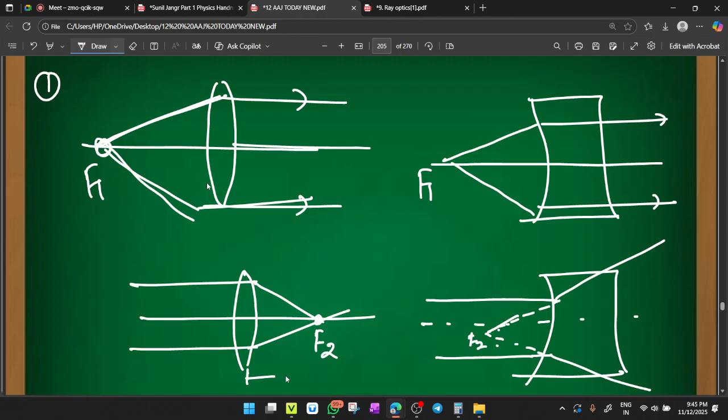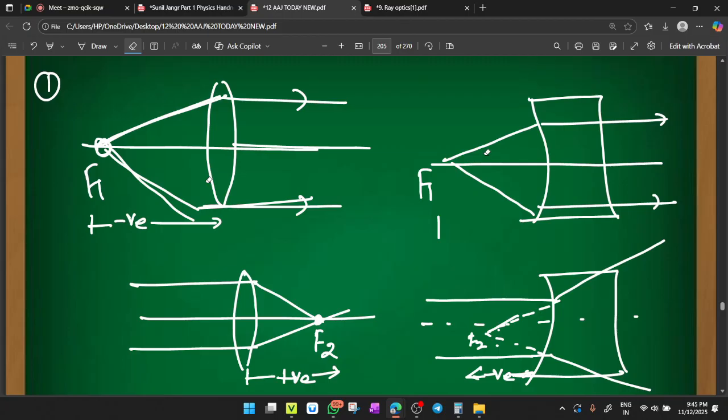The focal length of the second principal focus will be positive for the convex and negative for the concave, and the first principal focus is negative for the convex and this has to be positive. I have made something wrong. The rays getting parallel, coming.